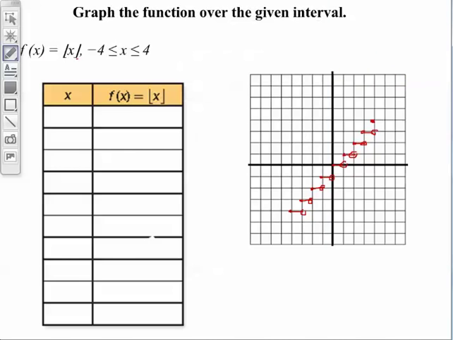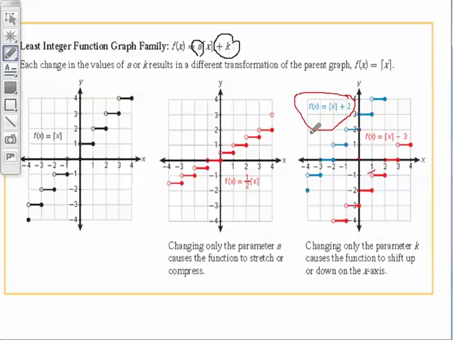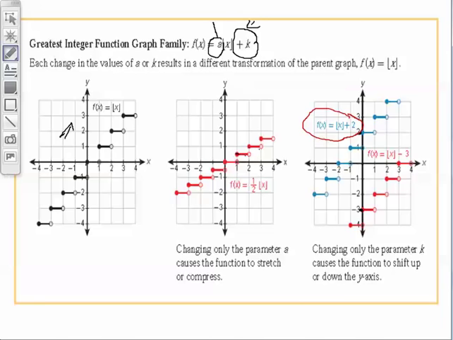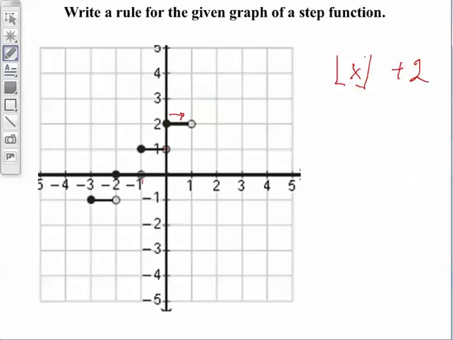That's going to be this one right here. Okay? So, nope, it's not this one right here. It's that one. Solid circles going to the right, like that. That's what the graph is. And it's going up 2, because it's going through that point 0, 2. And so that's where I got this up 2.